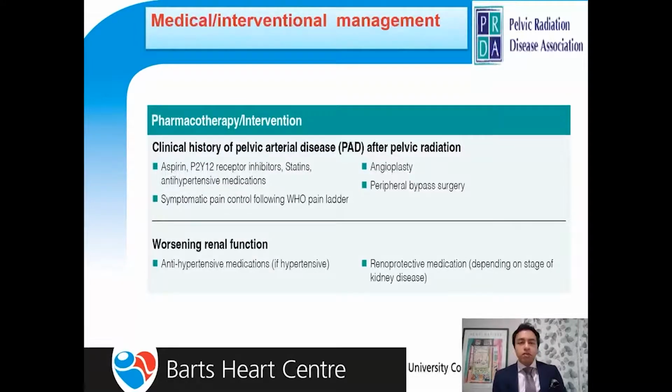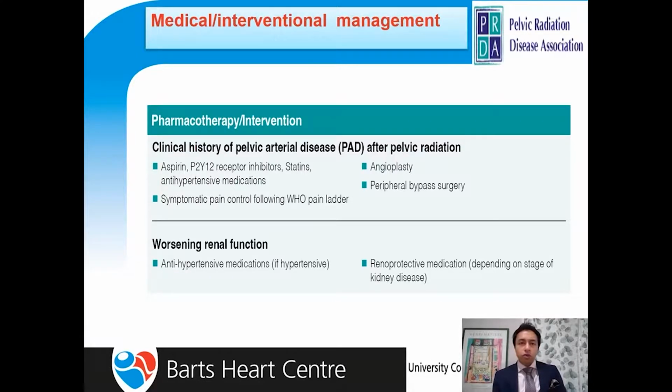Unfortunately, in some patients, this may not be enough and further management is required. There is a number of different therapies that can be on offer in these patients, and some of them include medications such as antiplatelet therapy. Statins can also be used, as well as controlling the blood pressure with antihypertensive medication.